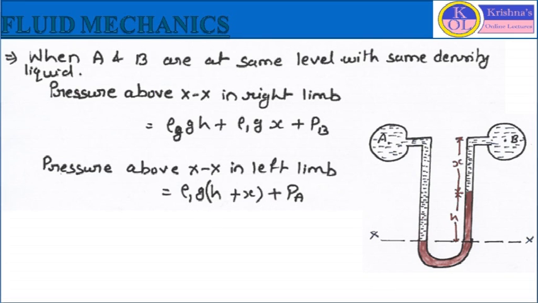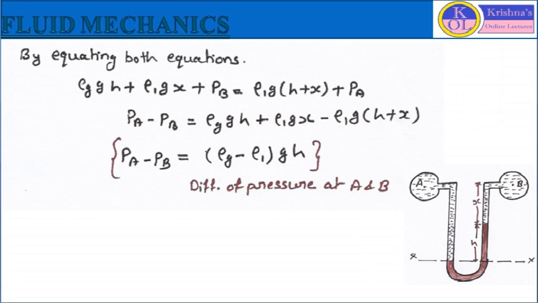As per Pascal's law, if we equate these two equations, the right limb and the left limb, and simplify, we find the pressure difference PA minus PB equals ρg GH plus ρ1 GX minus ρ1 G (H plus X). The simplified equation is PA minus PB equals (ρg minus ρ1) GH. This is the difference of pressure for the second condition.